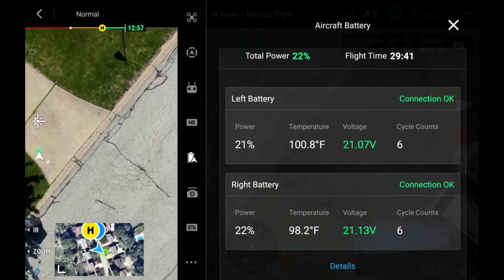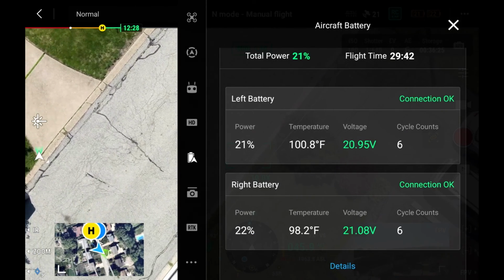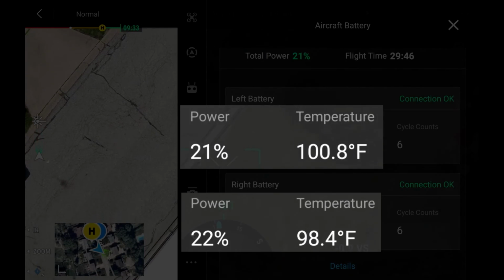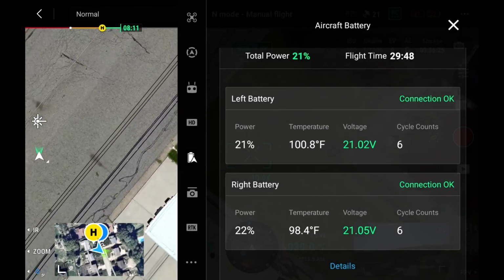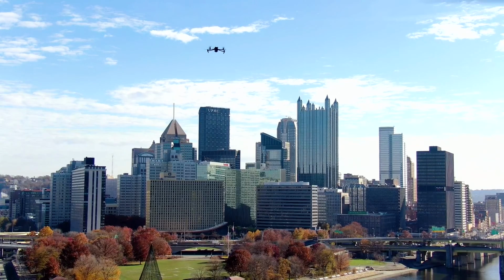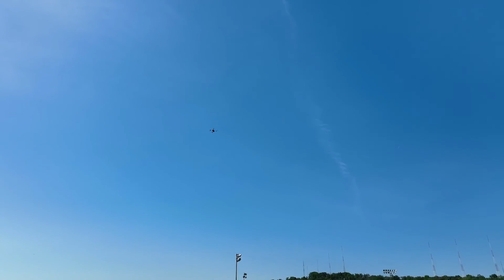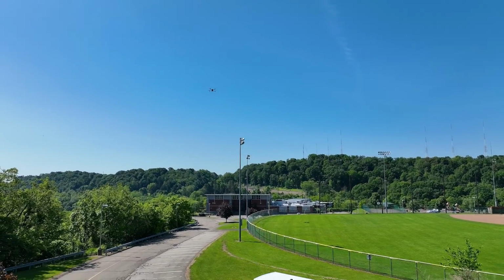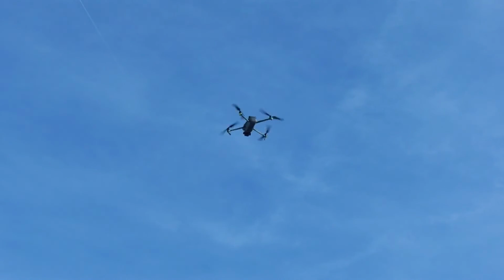If you have any of these three drones, you'll see in the submenu settings where it gives you real-time heat and how hot these batteries are running. The longer they're running, you'll see that temperature increase. And we do not exceed 120 degrees Fahrenheit with any of these batteries. There are all kinds of issues that develop with heat.